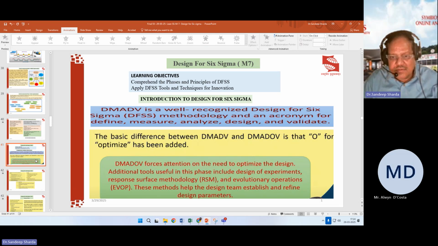The basic difference between DMADV and DMADOV is that O for optimizing has been added.